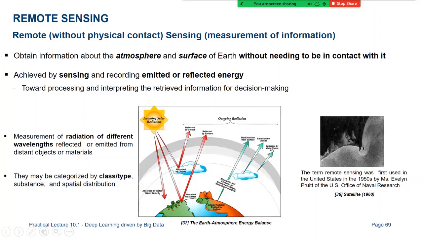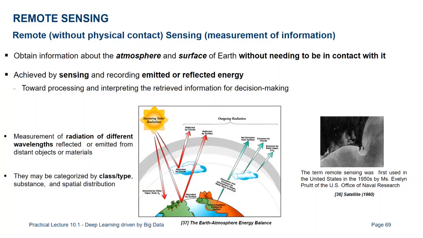You can record this energy with spatial sensors, which will generate a particular type of images, which are not just RGB.